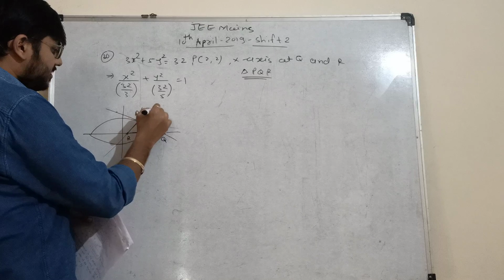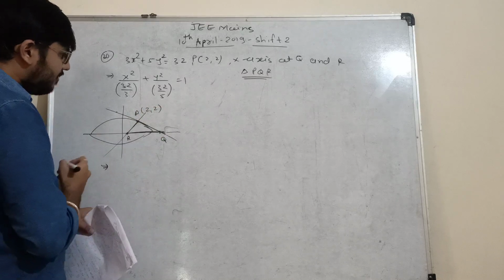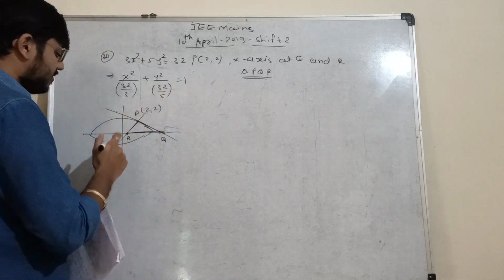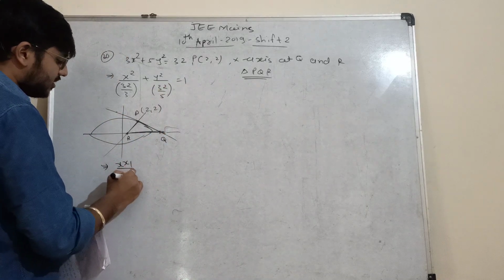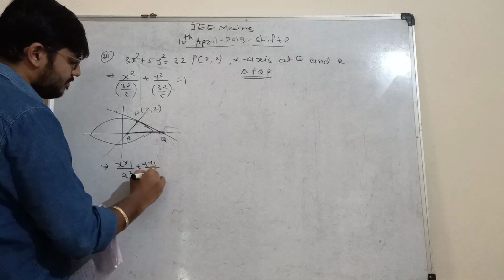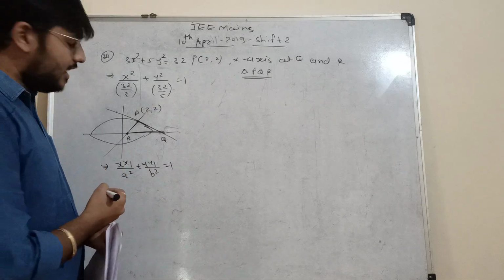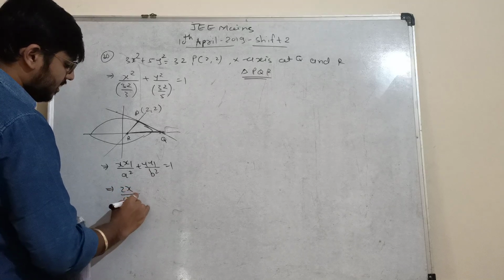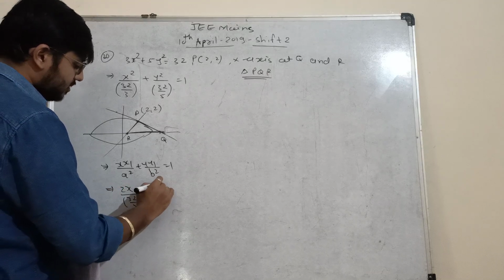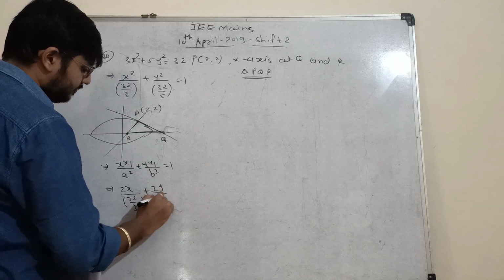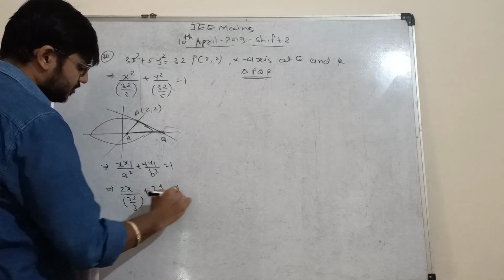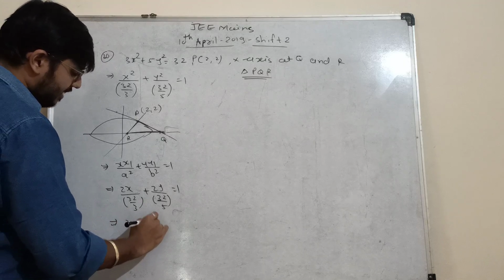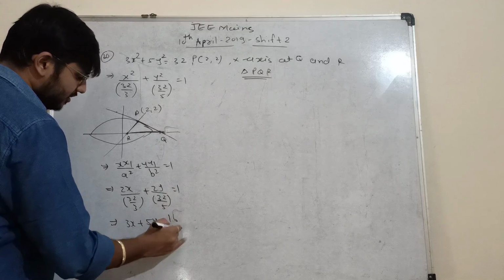First of all, the equation of tangent to an ellipse at any point (x1, y1) is x x1 by a square plus y y1 by b square equals 1, right? So from this equation, it's 2x by 32 by 3 plus 2y by 32 by 5 equals 1. So it's 3x plus 5y equals 16.